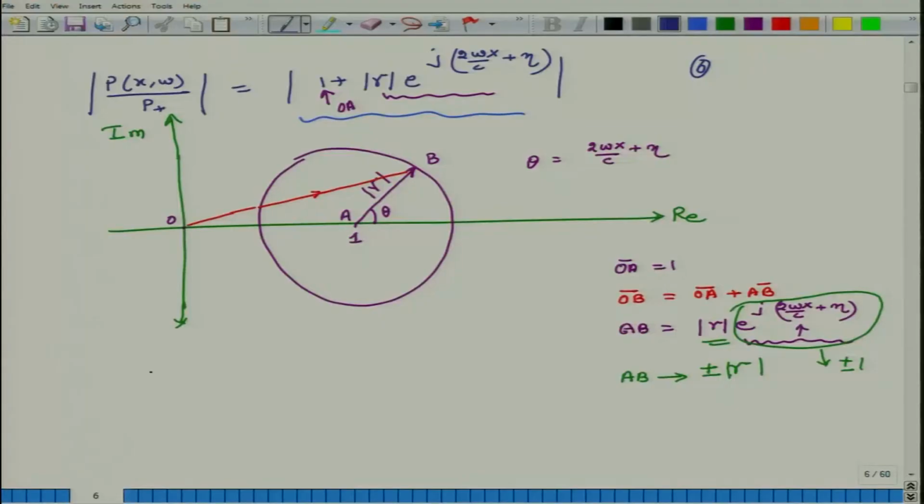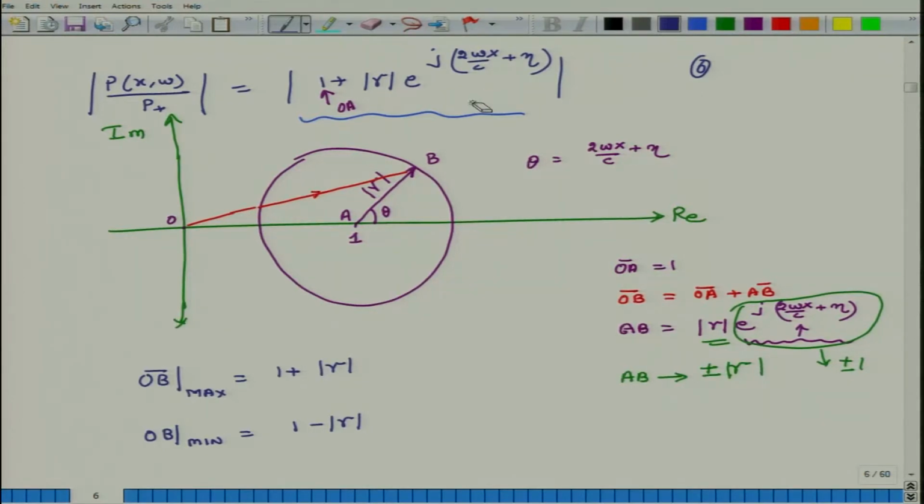So, what does that mean? The maximum value of OB will be 1 plus gamma, and the minimum value of OB will be 1 minus the absolute value of gamma. This is AB, I am sorry.